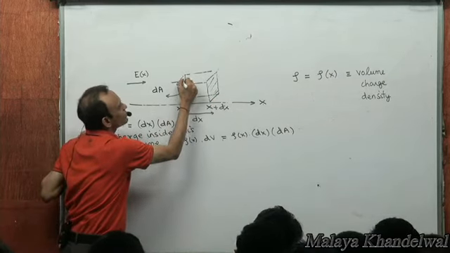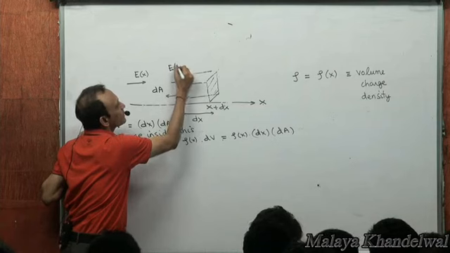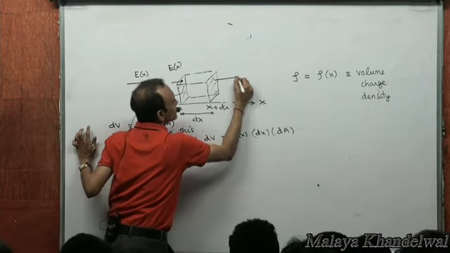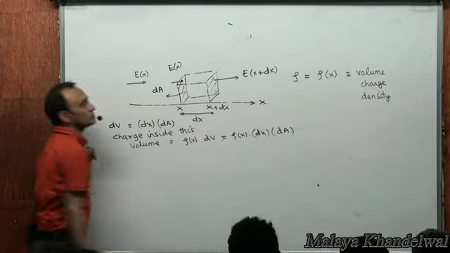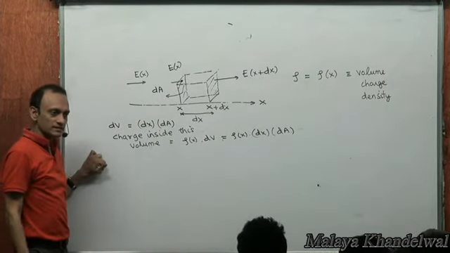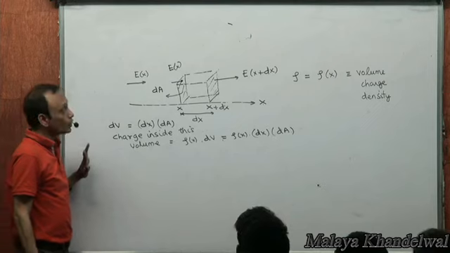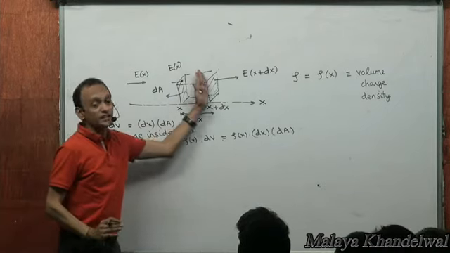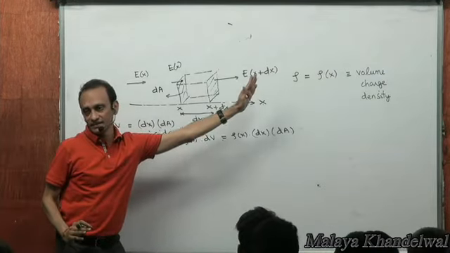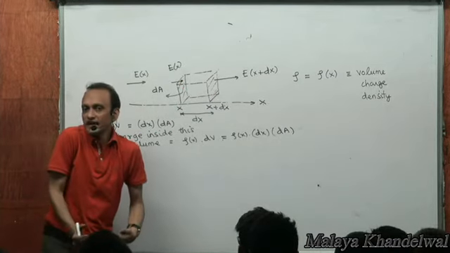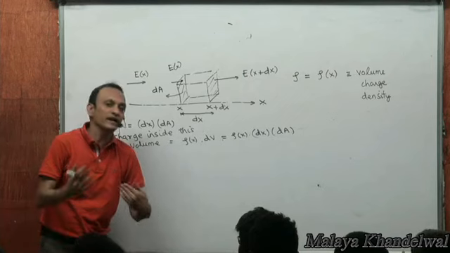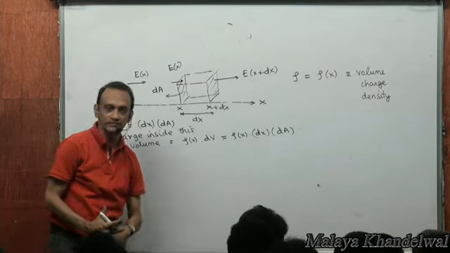So the electric field on this area is E at x, whereas the electric field on the other area is E at x plus dx. Yes or no? So there is flux entering and flux leaving. Whatever leaves, we choose as positive; whatever enters, we choose as negative.